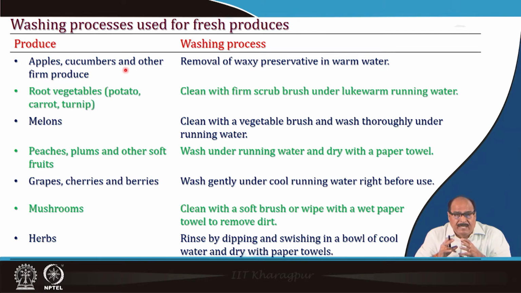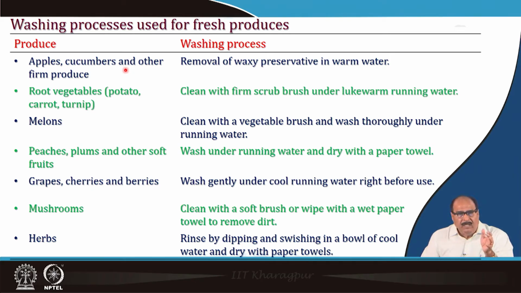Grapes, cherries and berries are washed gently under cold running water right before use. Mushrooms are cleaned with a soft brush or wiped with a soft wet paper towel to remove dirt. Herbs are rinsed by dipping and swishing in a bowl of cool water and dried with paper towels.